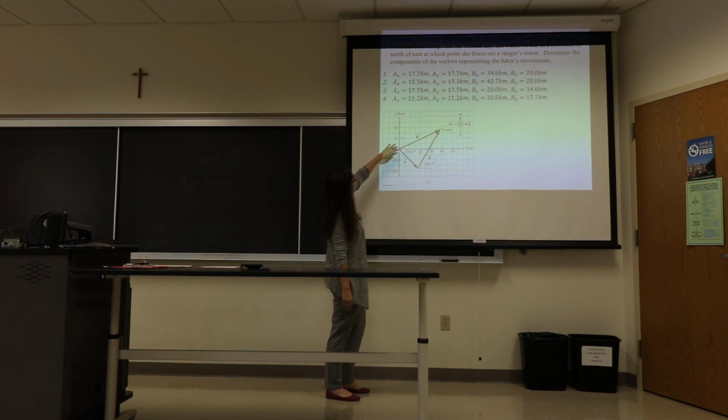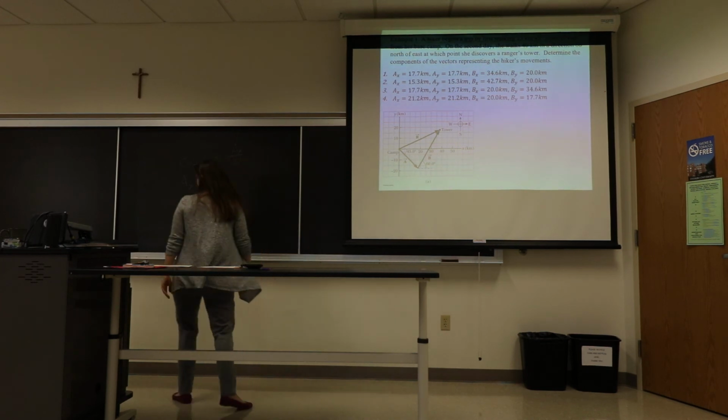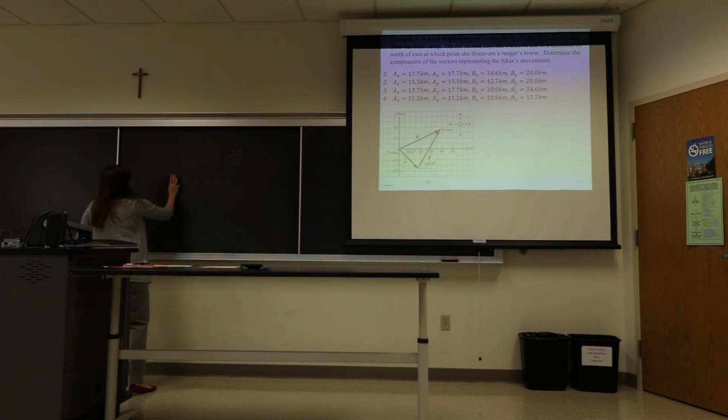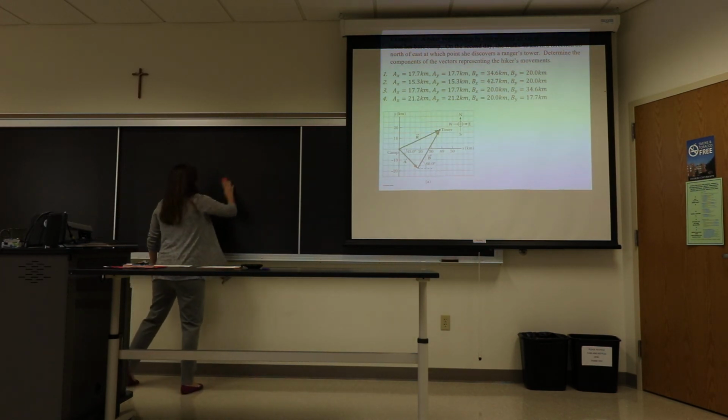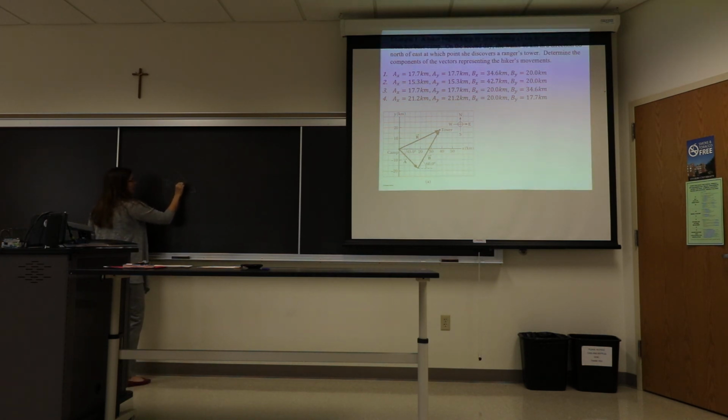She walks, oh, and it's cut off there, which is very disappointing. I will write out what the numbers are and draw the picture. Okay, so we have a hiker, and she is going to go A. The magnitude of A is 25 km.